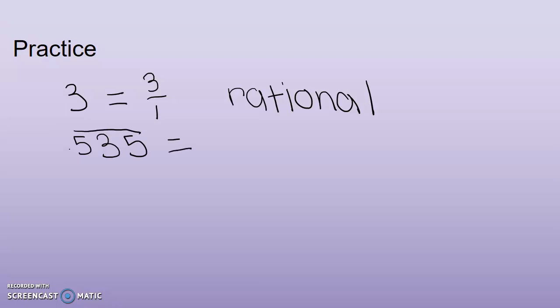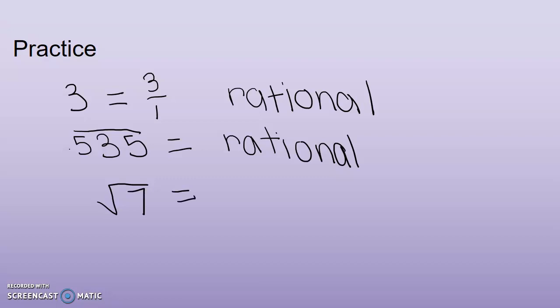That would also be rational because it's a decimal that repeats. And then suppose we have the square root of 7. That would be irrational.